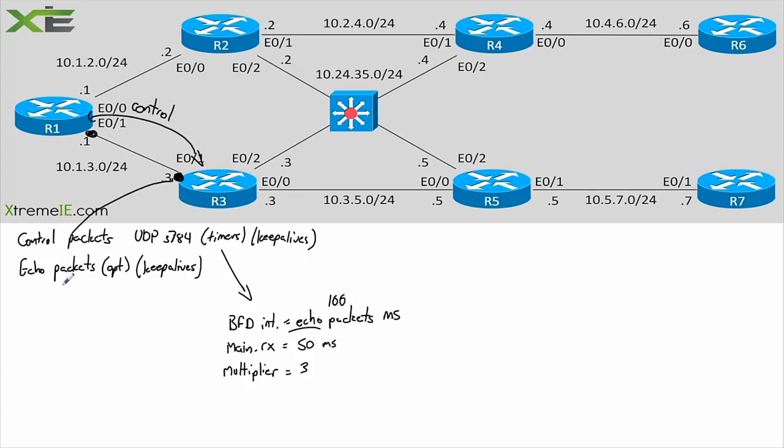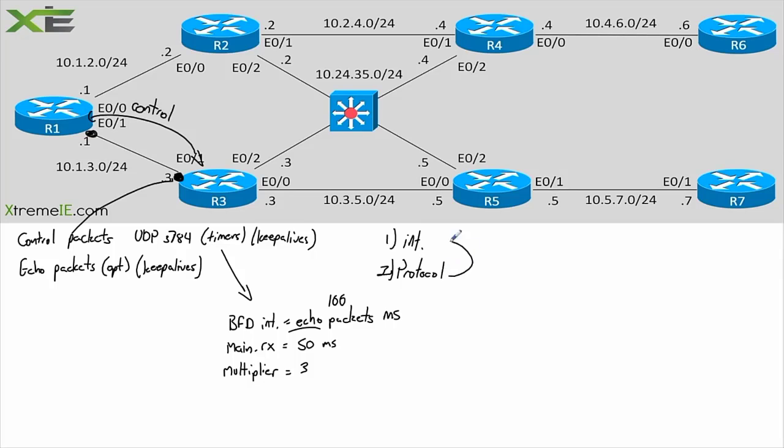Okay. Now these echo packets function very interestingly. It's actually really cool the way that they work. Once we turn on BFD on the interface, the next step is that we have to go onto the routing protocol. So step 1, interface, and then step 2, we go into the routing protocol and we enable BFD in the routing protocol.